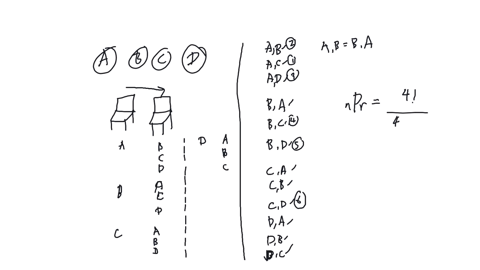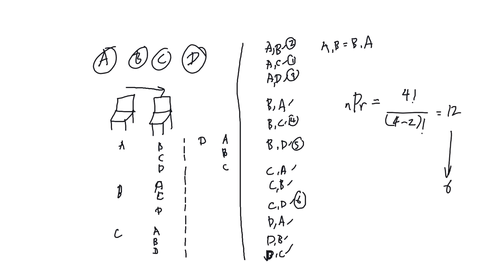We have 4 persons and 2 chairs. This was 12, right? Now we don't care about the arrangement, about the sequence. So from 12 it now becomes 6.